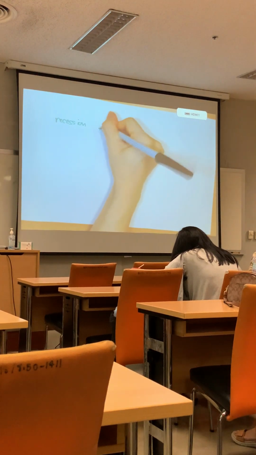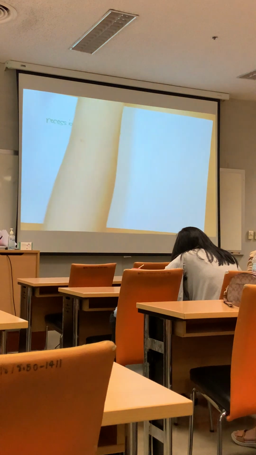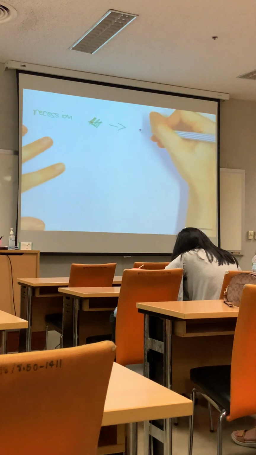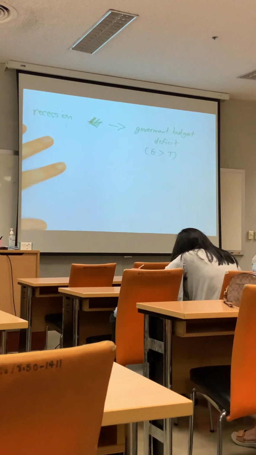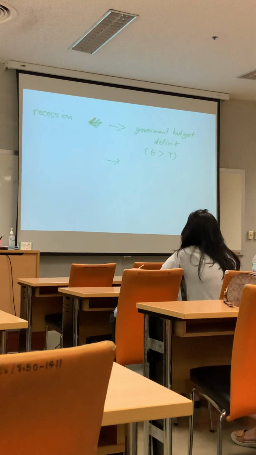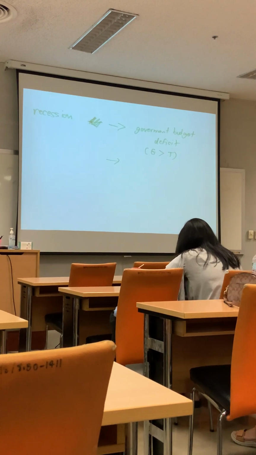If there is a recession, what policy should the government use to stop the recession? Government budget deficit or surplus? Okay. If you are the central bank, what type of monetary policy do you use during recession? Either expansionary monetary policy or contractionary monetary policy.